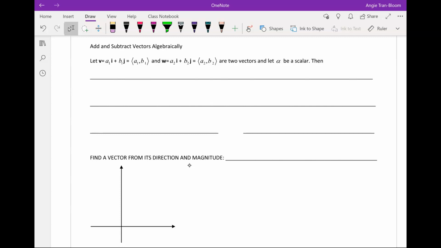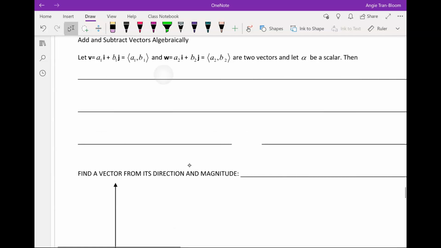Okay. So let vector v equal a subscript 1 i plus b subscript 1 j. Component-wise, you can write it algebraically as a1, b1. And another vector, w, a2 i plus b2 j, component-wise a2, b2. These are two vectors, and let alpha be a scalar. Then, here we go. When we add the two vectors together algebraically, your final answer will be in the ai plus bj format.